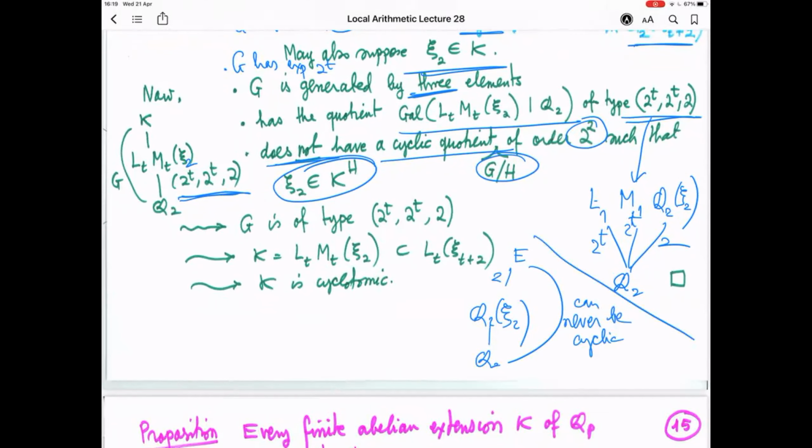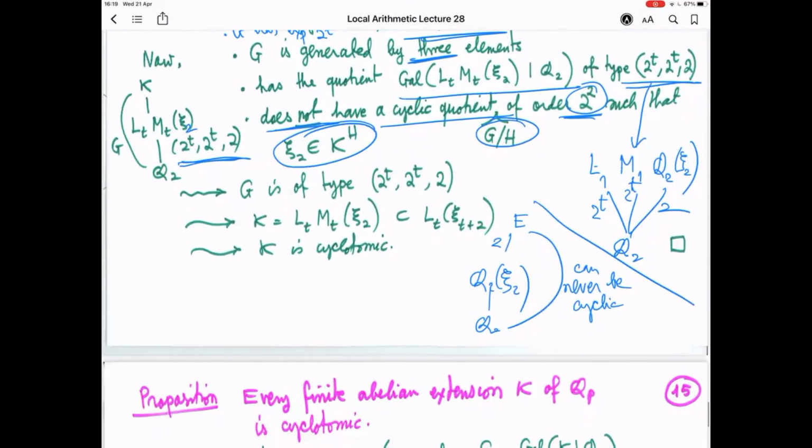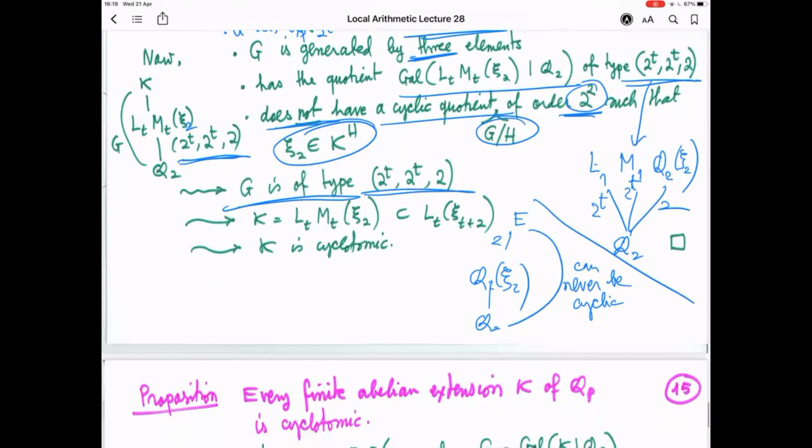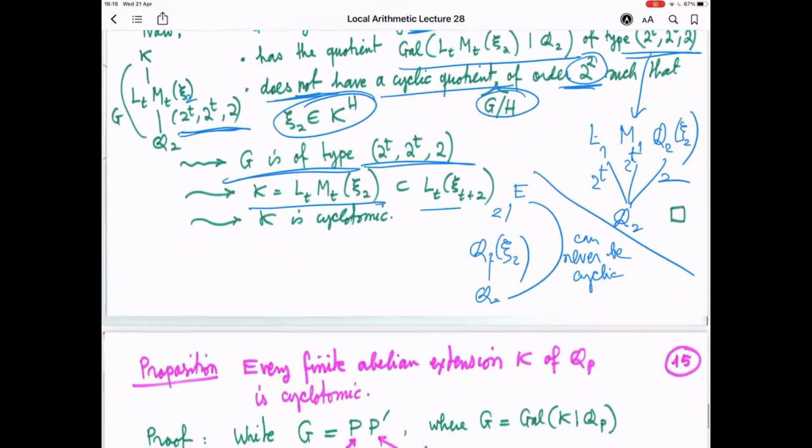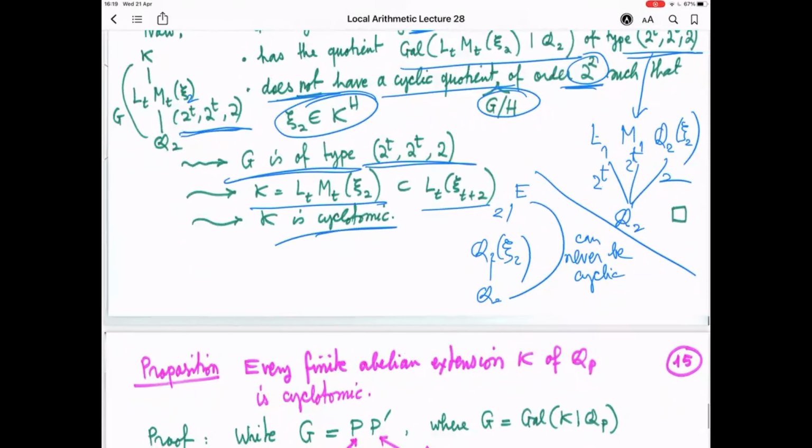So it doesn't have a quotient of order 4. This forces G to be of type 2 to the t, 2 to the t, 2, and therefore it forces K to be LT, MT, psi2, which is cyclotomic. Therefore K is cyclotomic. That completes the proof in the case P equal to 2.